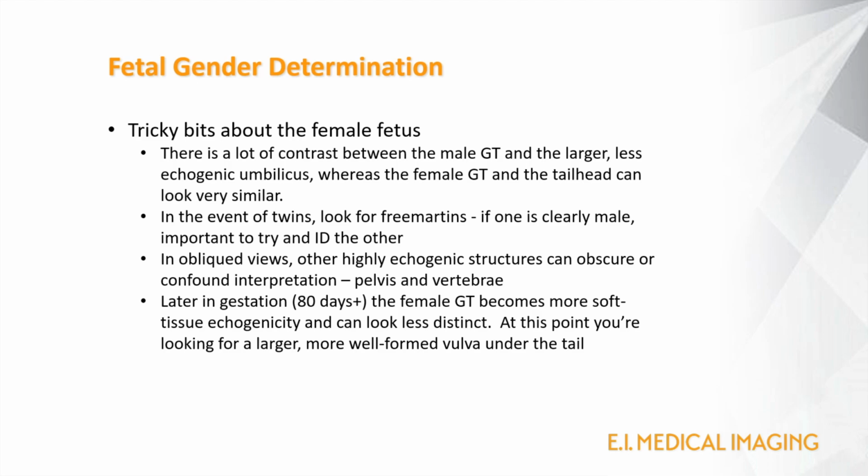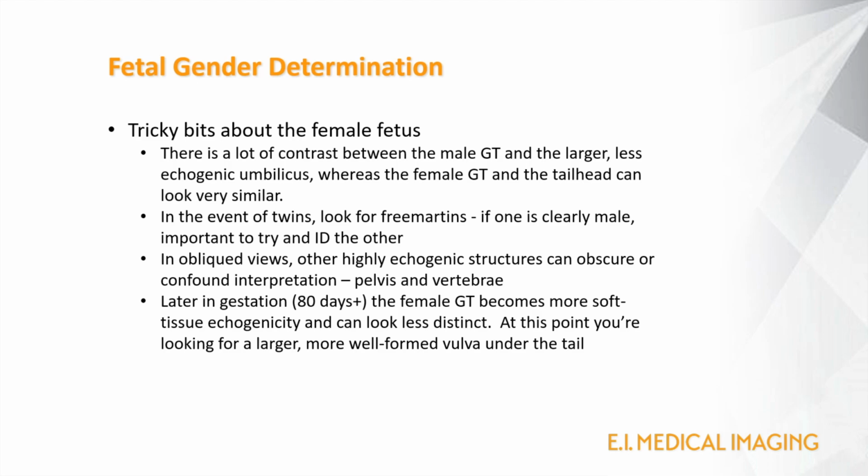Don't forget to look for a twin. Up to 95% of heifer calves born twin to a male will be sterile. If your imaging plane is obliqued, there's a lot of fetal bone in the area of the pelvis that can be mistaken for a female GT. Take your time to get a good symmetrical view and make small movements to determine the presence or absence of a female GT.